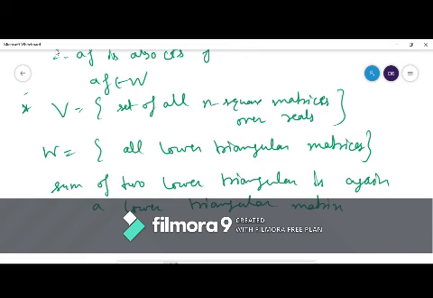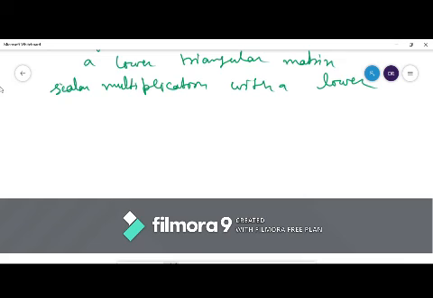Also, scalar multiplication with a lower triangular matrix is again a lower triangular matrix.